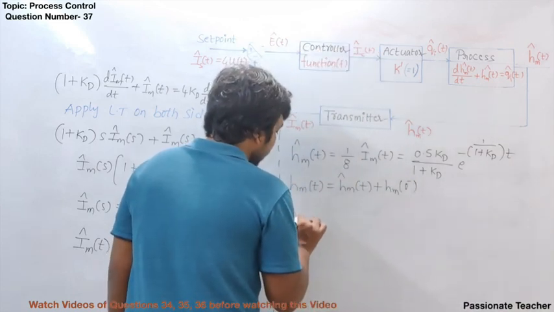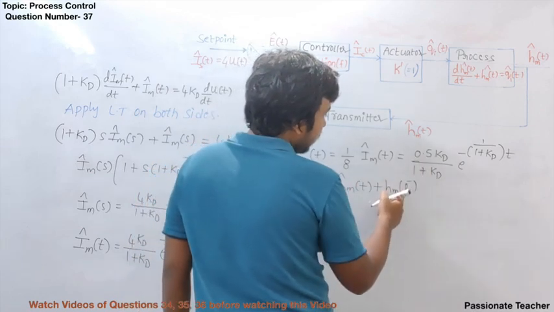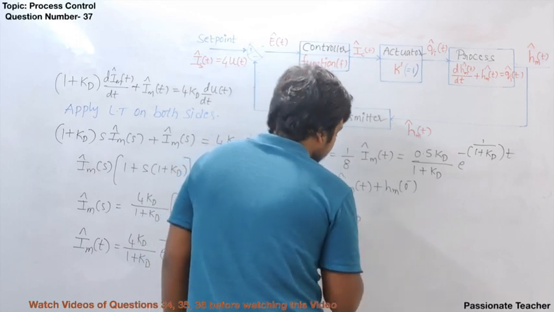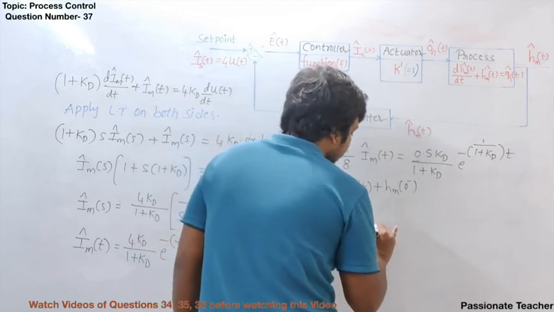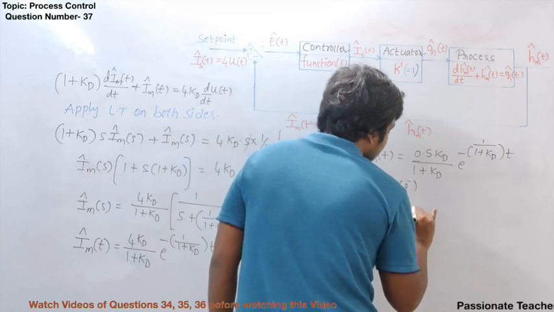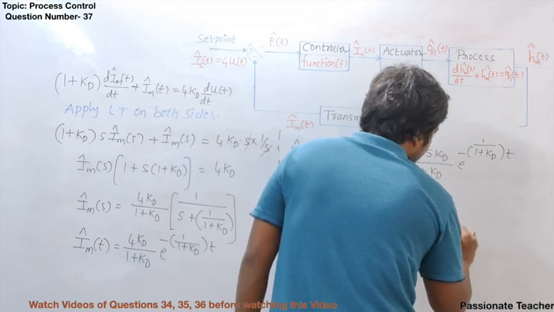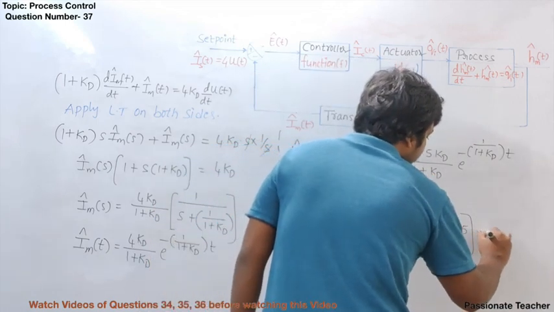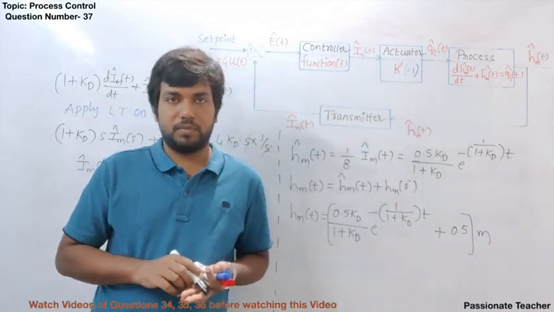So Hm of t altogether can be written as 0.5 times of kd by (1 plus kd) e power minus of 1 by (1 plus kd) whole into t, plus Hm of 0 minus, which is 0.5 meter. All together it should be in meters. This is the way the water level changes if you use a derivative controller, right?